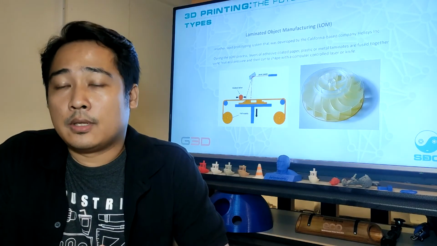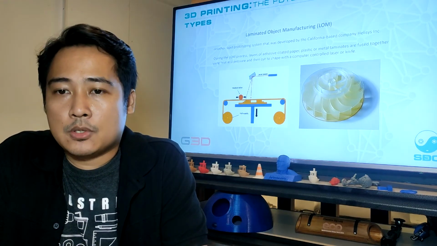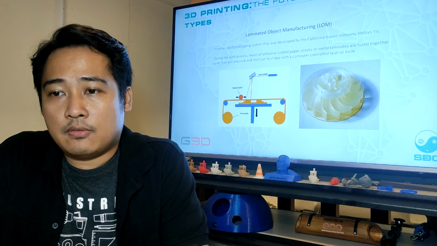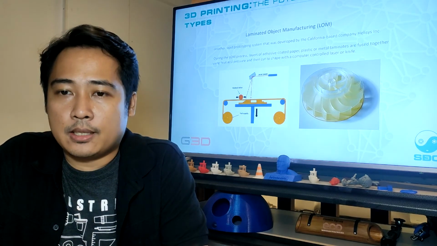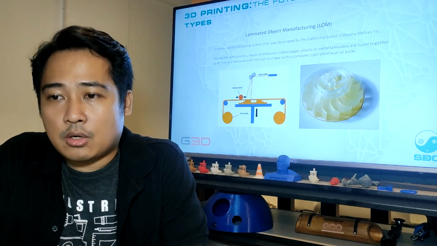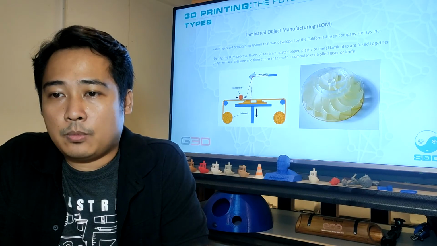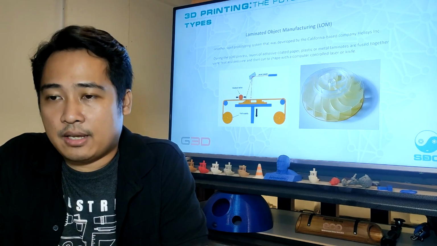Another type of 3D printing technology is laminated object manufacturing or LOM. This is developed by the California-based company Helisys Incorporated. During the LOM process, layers of adhesive coated paper, plastic or metal laminates are fused together using heat and pressure and then cut to shape with a computer-controlled laser or knife.